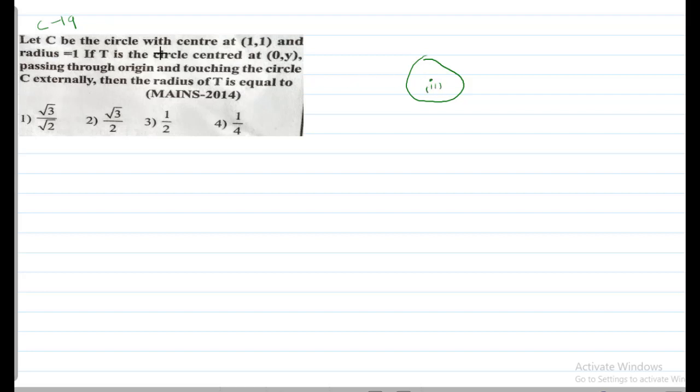If T is the circle centered at 0 comma y, passing through the origin and touching the circle C externally. One more circle is given here. The circle is touching the circle C externally, and the center of the circle is at 0 comma y. Then the radius of the circle T is equal to, means you want to find the radius of this circle.